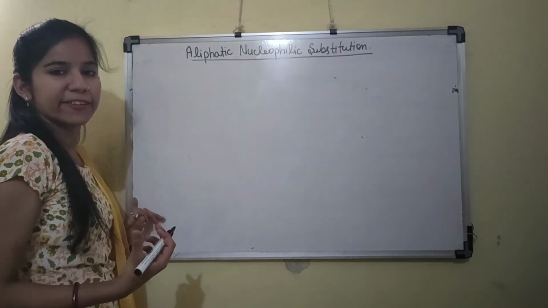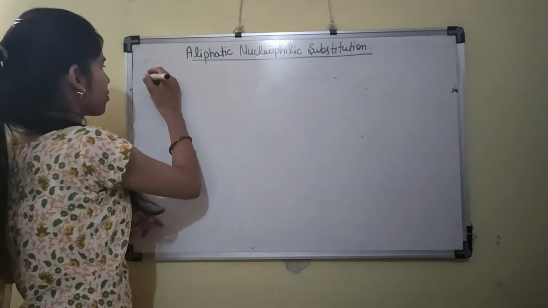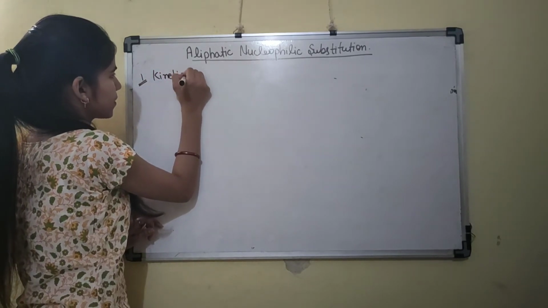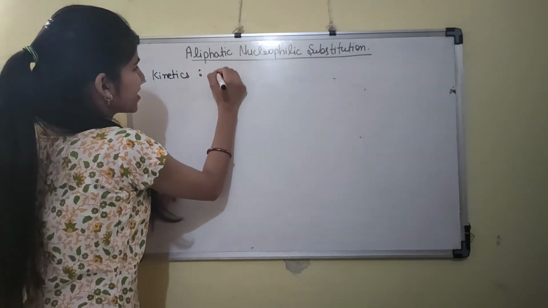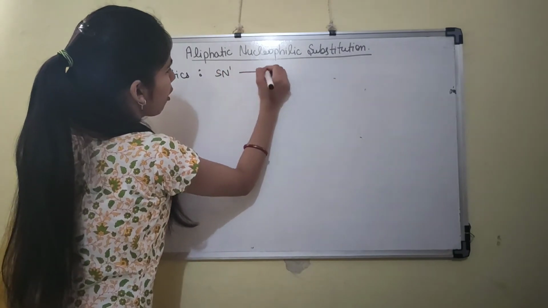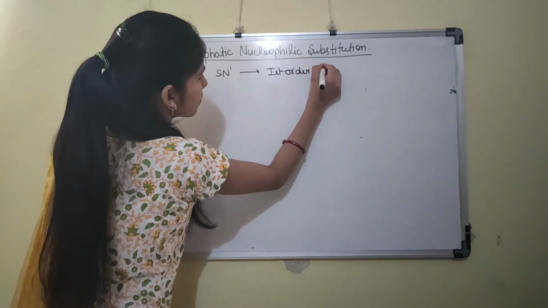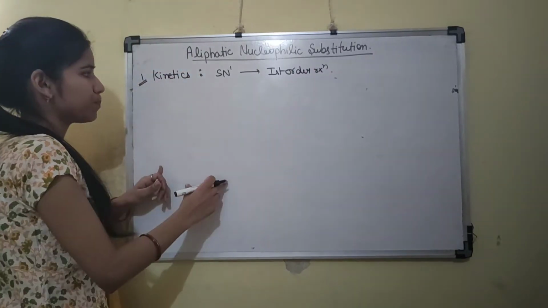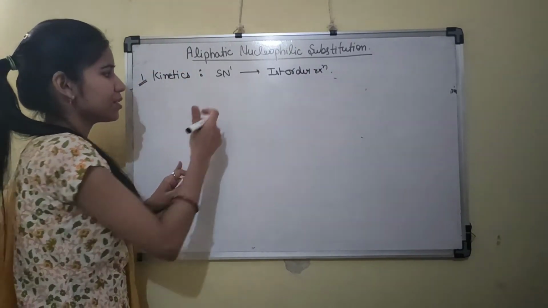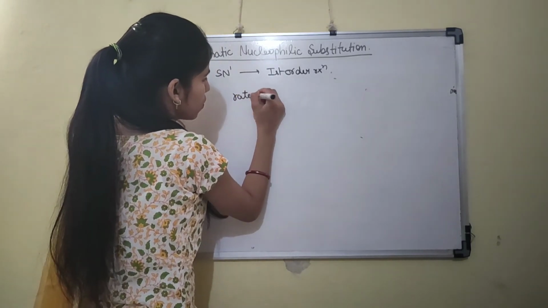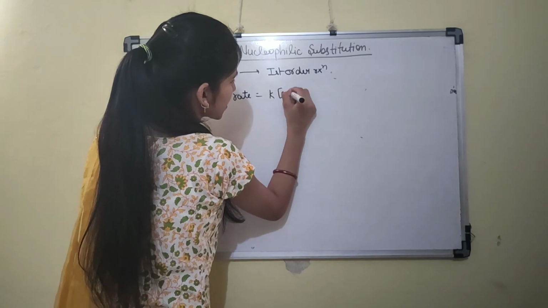Now we study evidences of SN1 reaction. So first evidence is kinetics. SN1 reaction is a first order reaction. For this reaction, rate is equal to k into substrate.